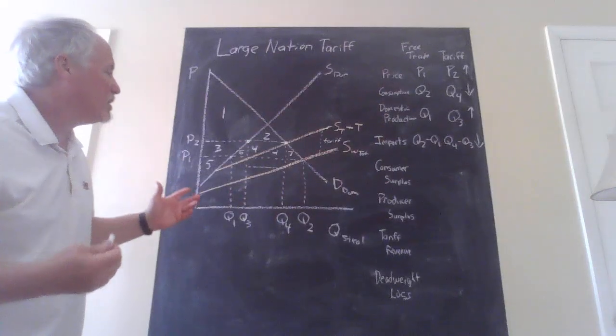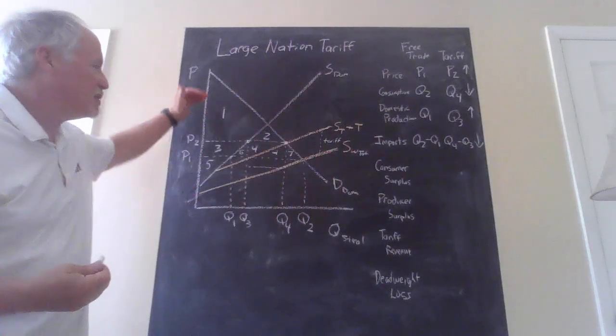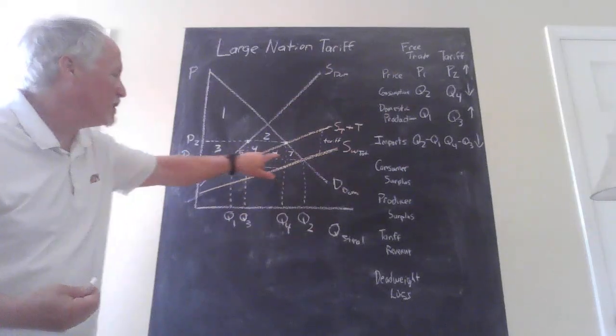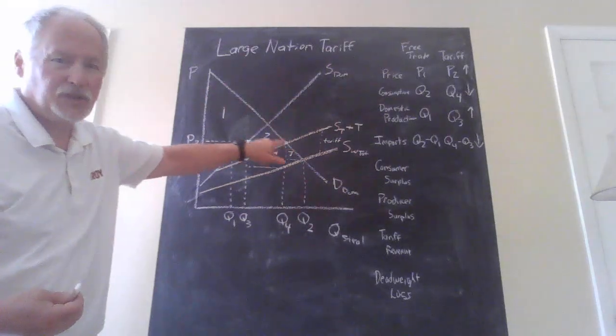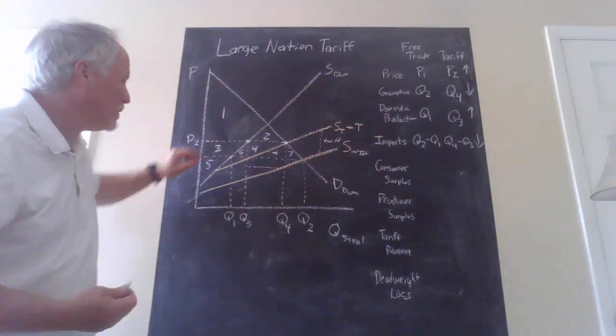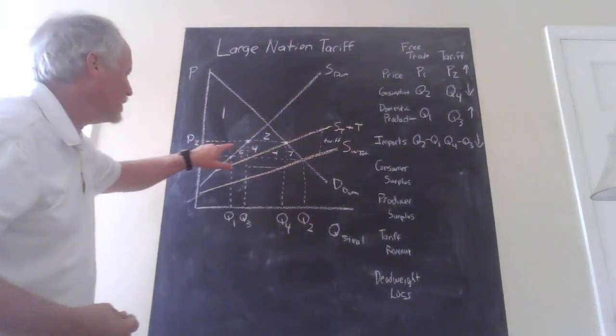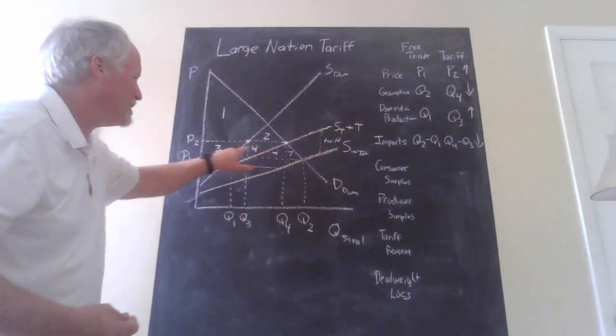So, consumer surplus is the area that's below the demand curve and above the price. In free trade, the price is P1. Here's the domestic demand curve, the area below the demand curve and above the price. That would be 1, 2, 3, 4, which I'm going to call 6 and 7.